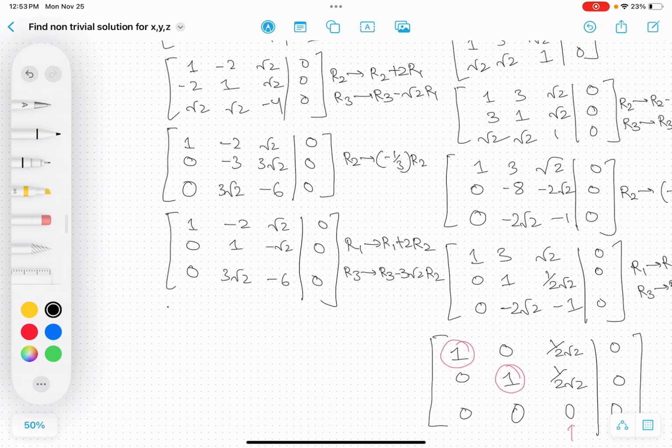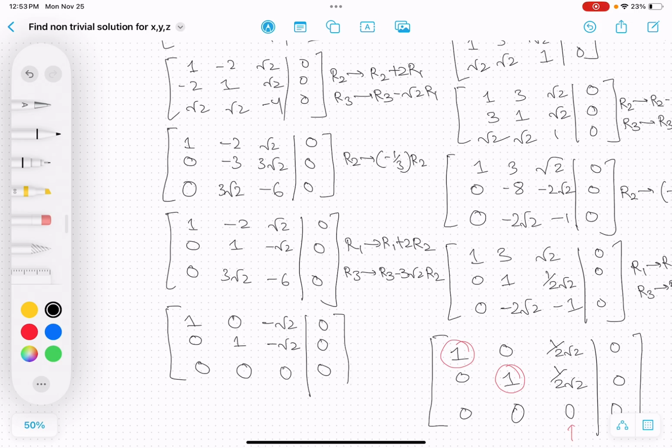If I do that, this will now be 1, and minus 2 plus 2 is 0, minus 2 root 2 plus 2 root 2, that's minus root 2, 0, right? And this is again 0, 1, minus root 2, 0, and now this will just be 0, that's just 0, minus 6 plus 6, that's also 0.